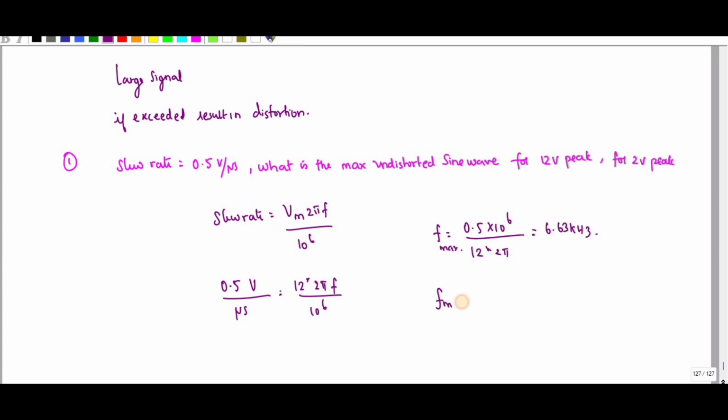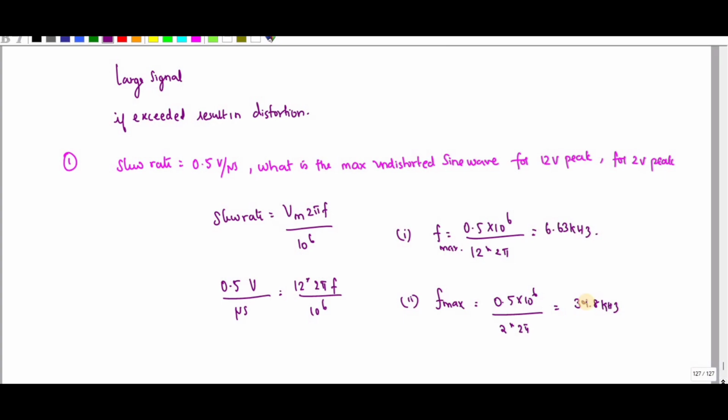Similarly for 2 volt, substituting 0.5 into 10 power 6 divided by 2 into 2 pi, I will get 39.8 kilohertz.